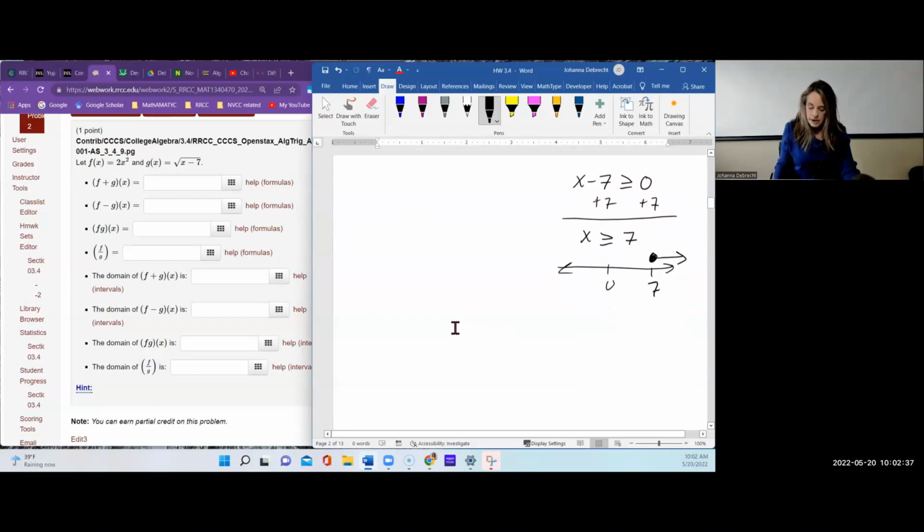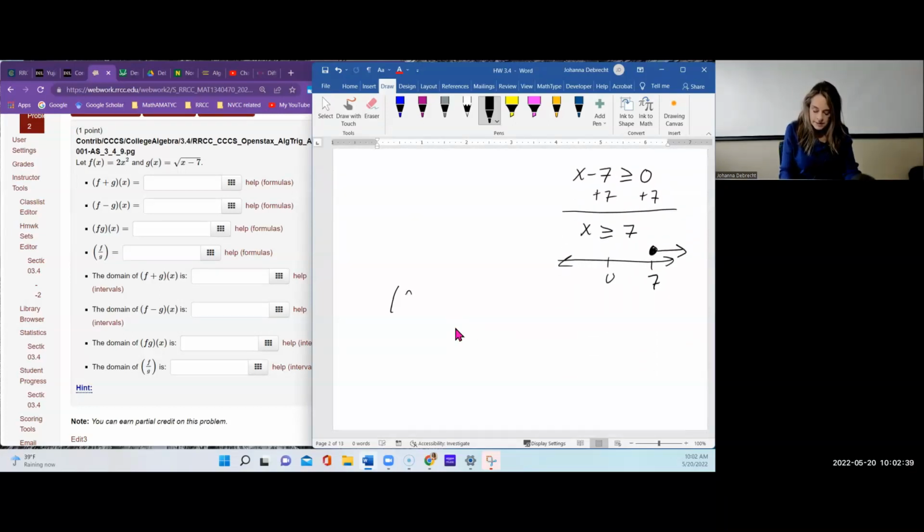Let's take a look now at f plus g of x. Again, the of does not mean multiply. This just means use x as the variable, as opposed to t or p or q. In this case, when we add the two together, we end up with 2x squared plus the square root of x minus 7. What they have in common for the domain is going to be from closed 7 to positive infinity.